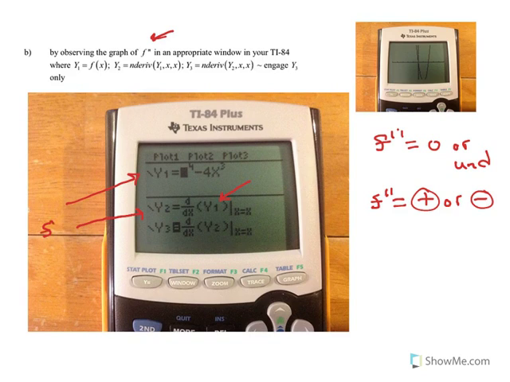To get a second derivative, you're going to go to y3 and ask for the derivative of y2. So the derivative of y2 would be the second derivative of original function f. So y1 is f, y2 will end up being f prime, y3 will end up being f double prime, and then make a graph, and from the graph we should be able to find this information just by looking at a graph.